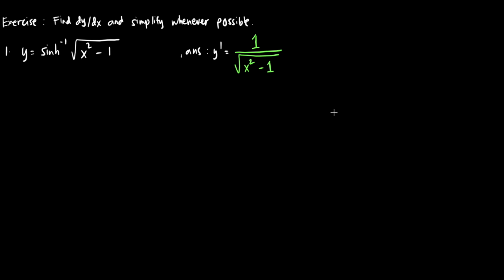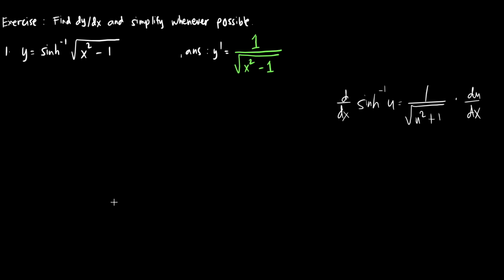Before we start to differentiate, we know that the derivative of hyperbolic arc sine u is equal to 1 over square root of u squared plus 1 times du over dx.